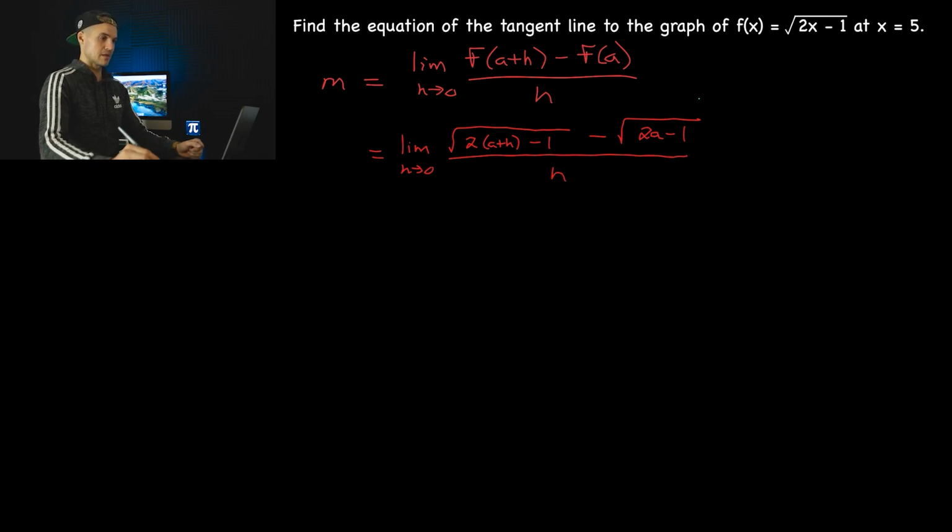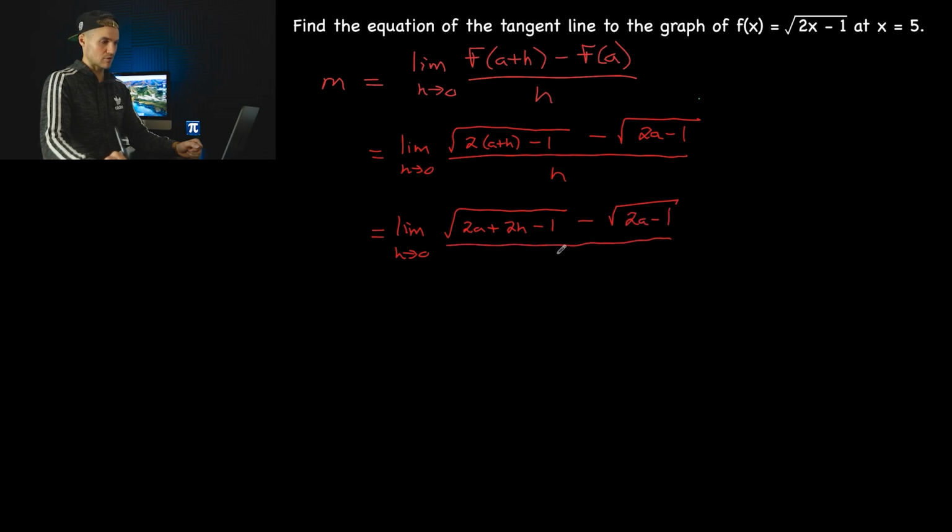Actually, before we rationalize, let's simplify inside that first root. I'm going to distribute the 2 inside the bracket, so we'll have root of 2a plus 2h minus 1 minus root of 2a minus 1, all over h like that.